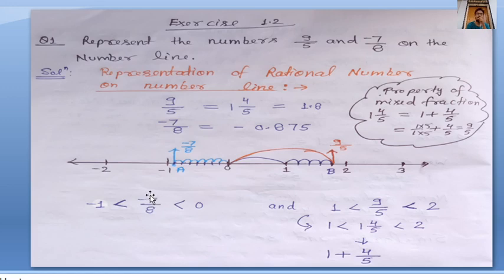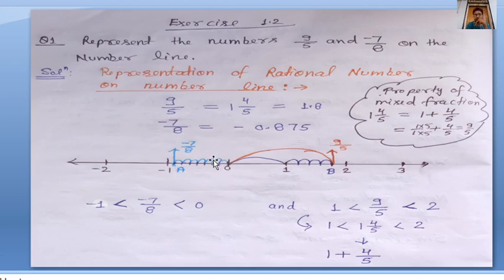And now what does the numerator represent? The numerator represents how many parts you have taken. Here 7. We will take 7 parts. First you divide into 8 parts. See here we have divided into 8 equal parts. Not unequal. Keep in your mind, equal parts.